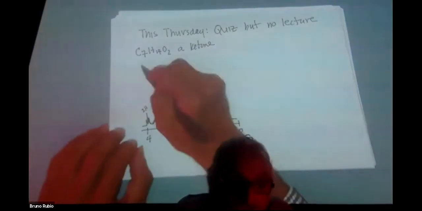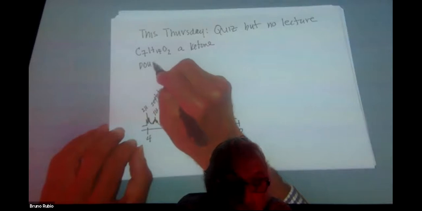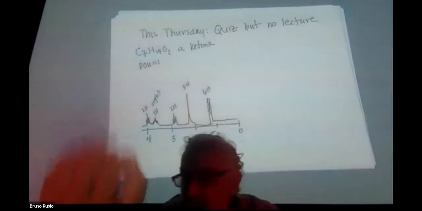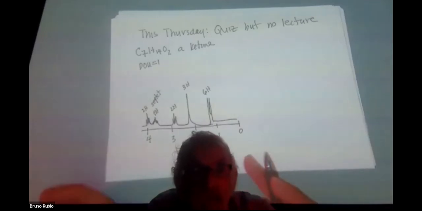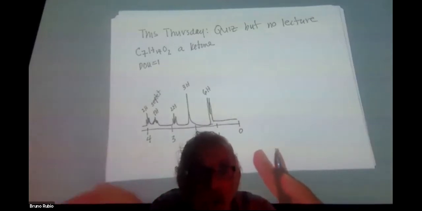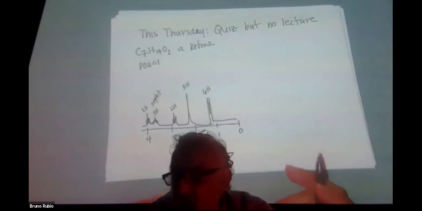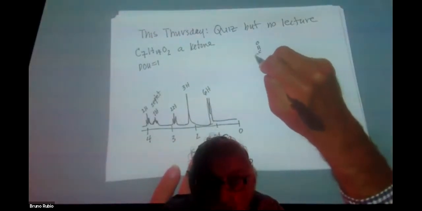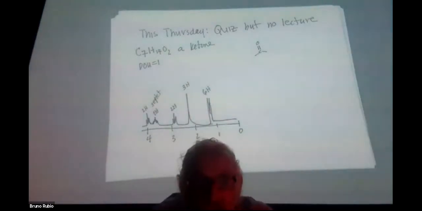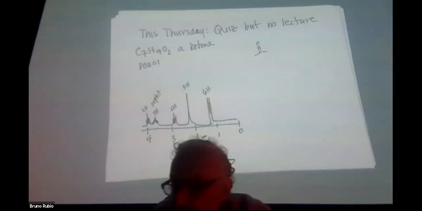So the DOUs are 2, 1 DOU. And we already know how that DOU is consumed because we're told it's a ketone, so we can immediately write our first fragment. All right, so we've taken care of the DOU, we've taken care of one of the oxygens.